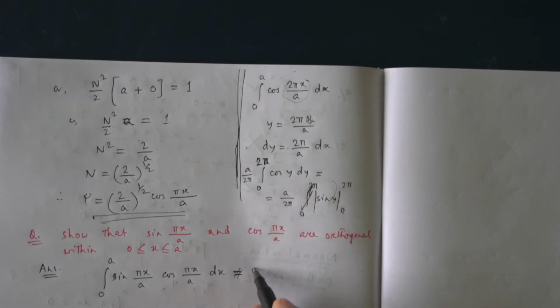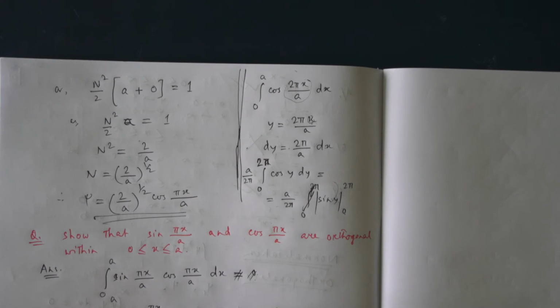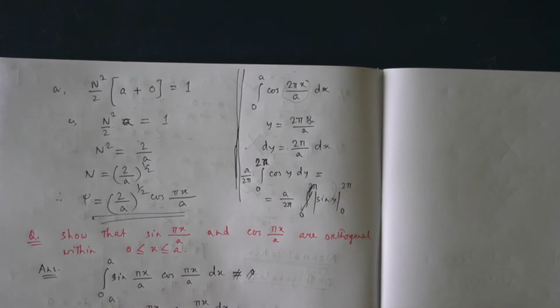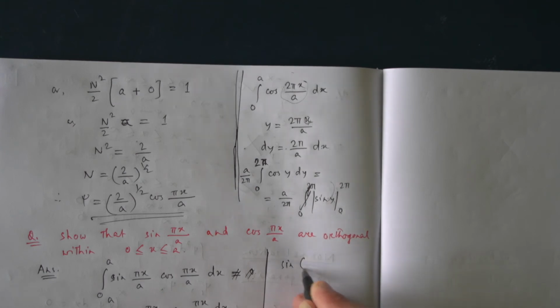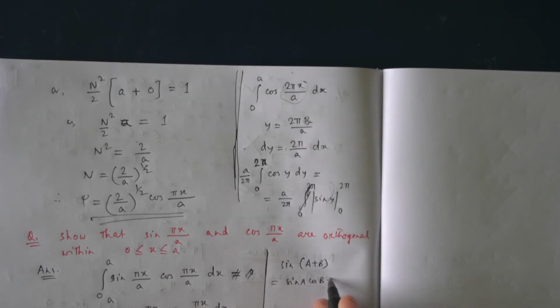Okay, so let us see. How to do this? Let me write it like this: the integral from 0 to a of sine pi x by a cos pi x by a dx. Now sine of a plus b equal to sine a cos b plus cos a sine b.